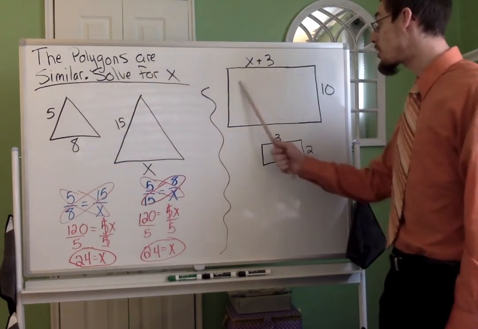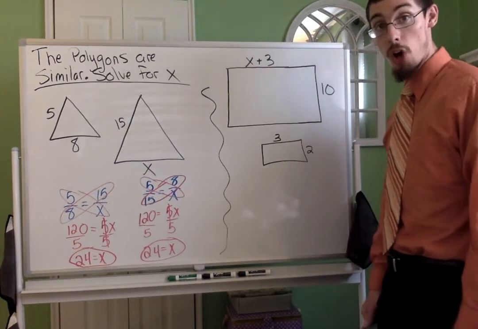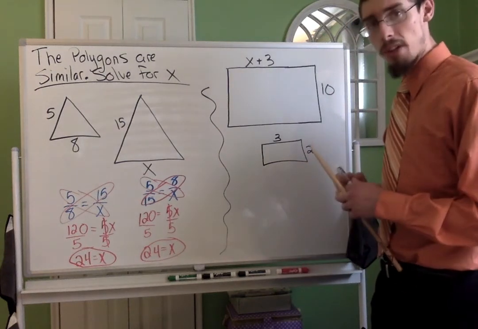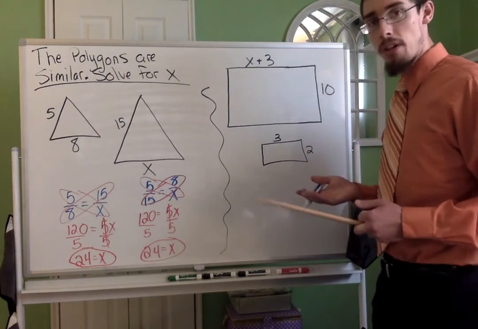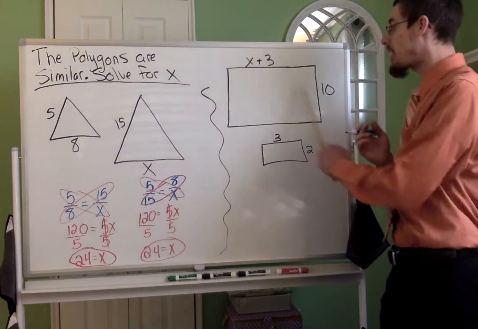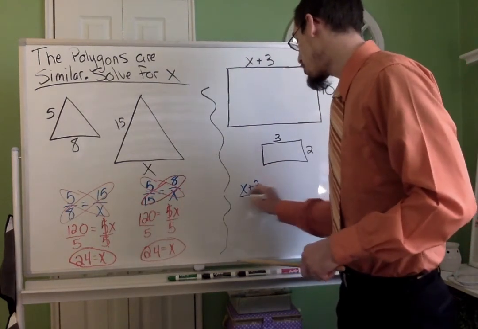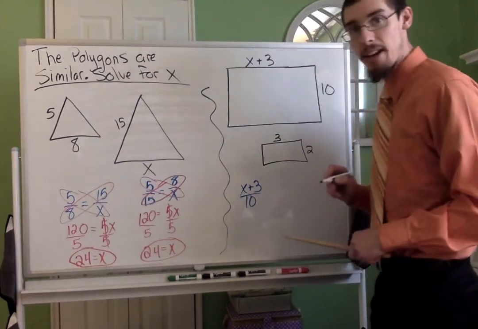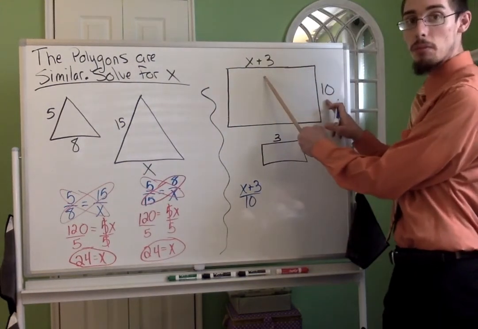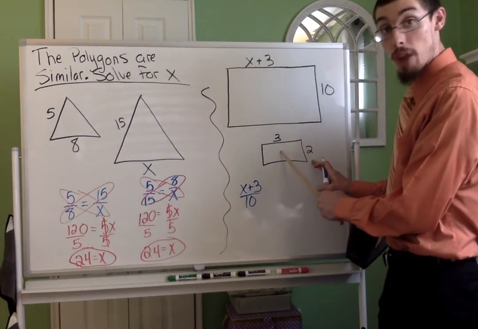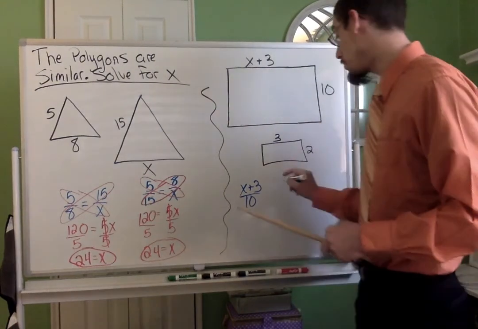This is the longer side, this is the longer side. So I'm only going to set this one up once. I think what I want to do is take the x plus 3 and the 10. So x plus 3 over 10, right? These two. And then I'll make a fraction out of these two, right? 3 over 2.